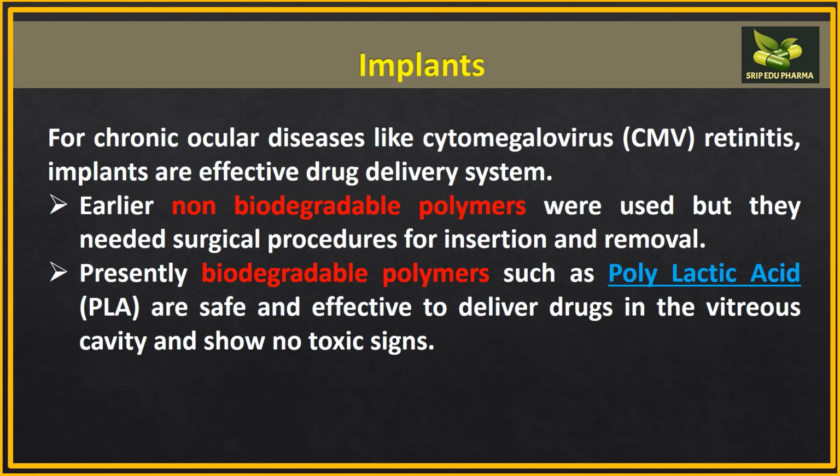So, after more research, biodegradable polymers are used for preparing ocular implants, and the polymer used is like polylactic acid, which is safe and effective to deliver drug in the vitreous cavity, and it shows no toxic signs. So implants are also used for controlled delivery for ophthalmic purpose.